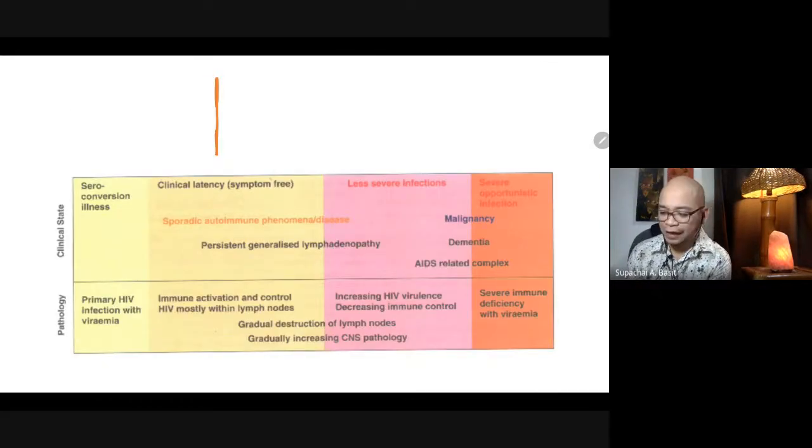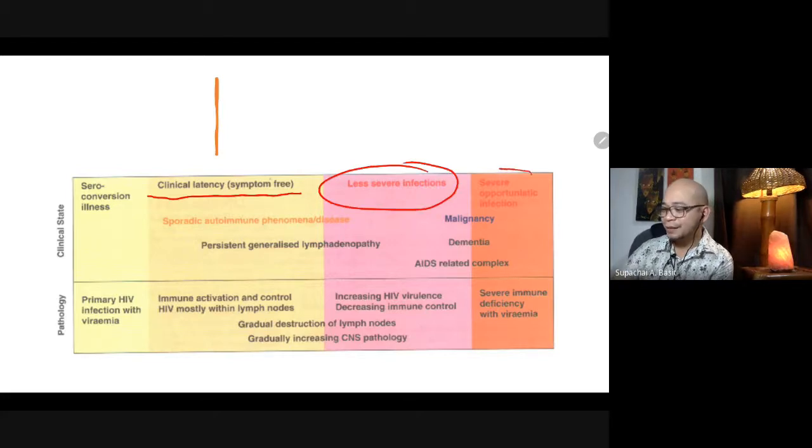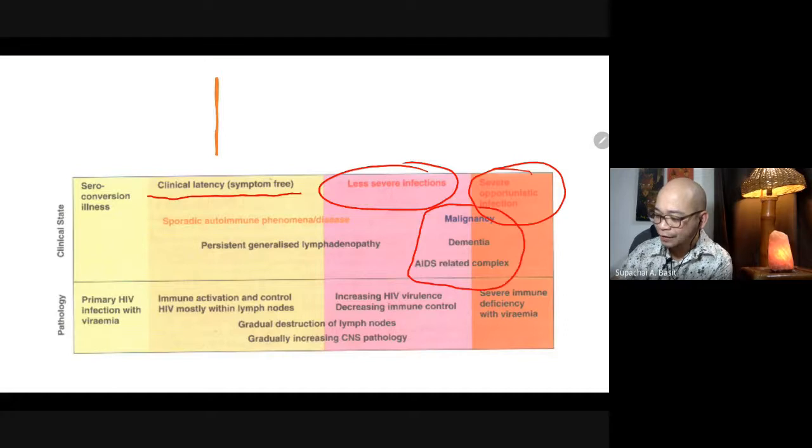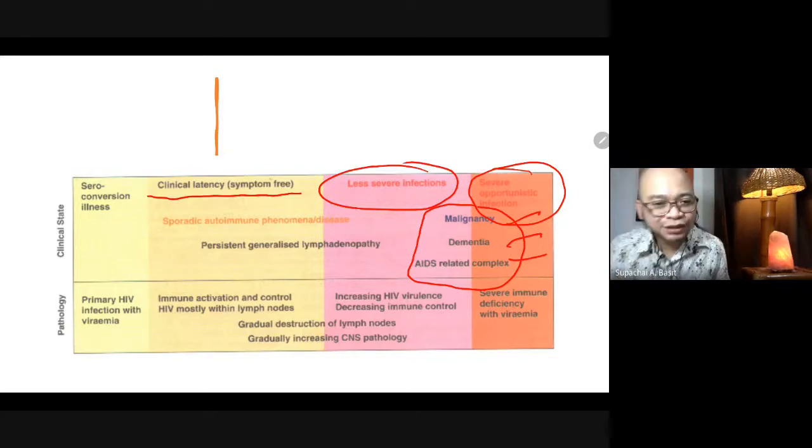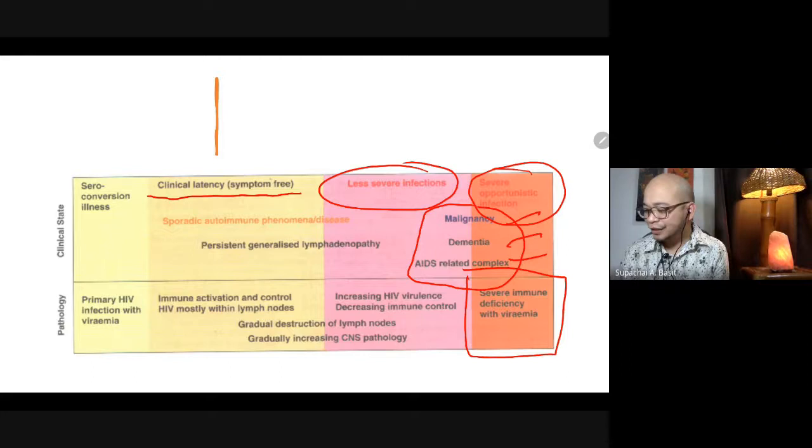At first, in category A, you are symptom free, and then you have a less severe infection in category B, but you'll have a severe opportunistic infection in category C. But at the latter part of category B, this is where malignancy, AIDS-related dementia, and AIDS-related complex will start to occur. Okay, at the latter part of category B, until such time that you will now develop severe immune deficiency with viremia in category C.